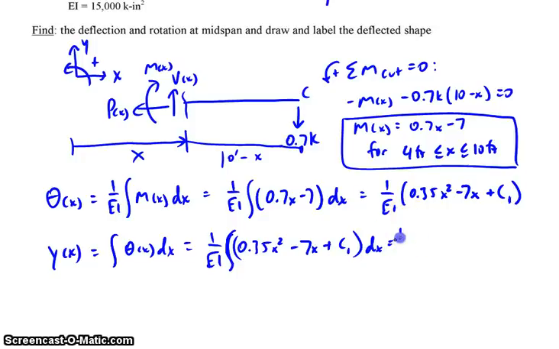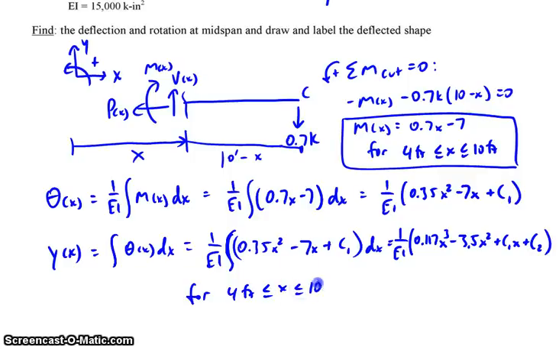And that's going to be 1 over EI times 0.117x cubed minus 3.5x squared plus C1x plus C2. And just like our moment function was valid between 4 and 10 feet, so are these slope and deflection equations. So I'll write that down here so we keep that straight. It's very important.